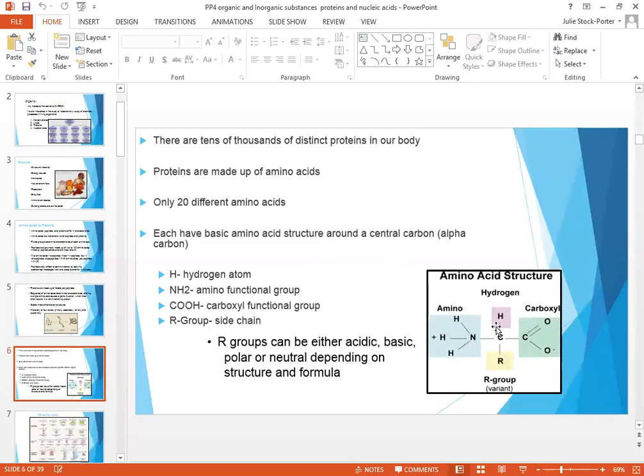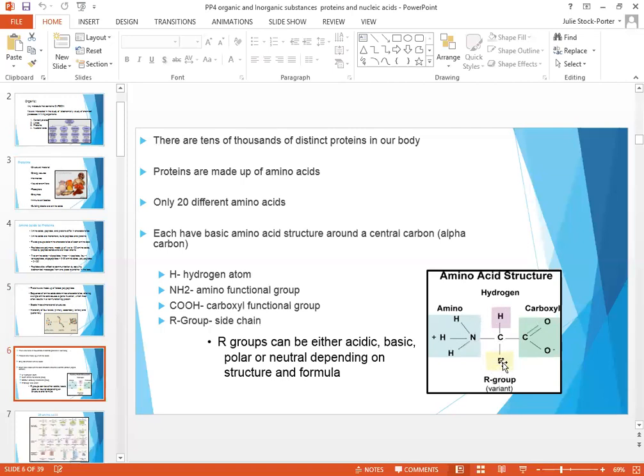We have a hydrogen in the center, and we have the carboxyl group to the right. This is our central carbon right here. It's our alpha carbon. From the alpha carbon, we get all of these different molecules attached to it, those valence electrons. Now notice this one down here, it's called the R group.